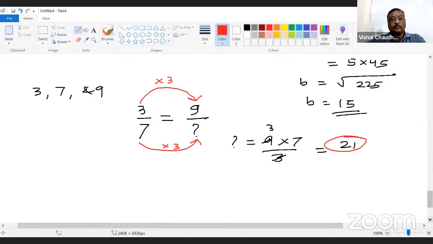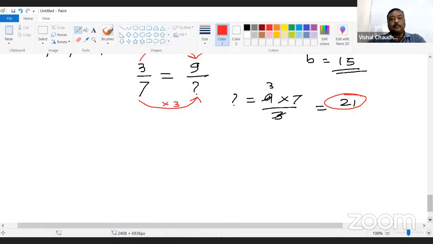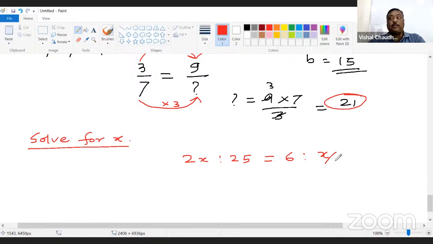Now see, let's solve for x. If we have 2x is to 25 is equal to 6 is to x by 3, can you solve this and say what is the value of x?